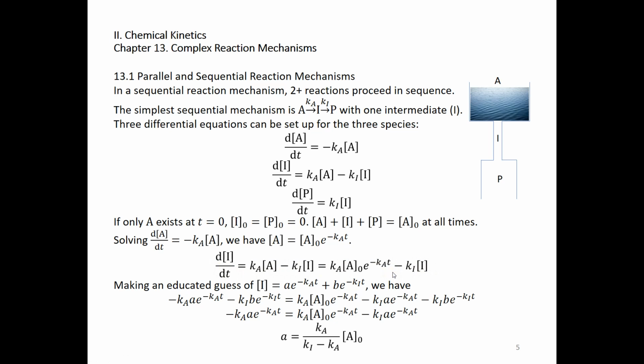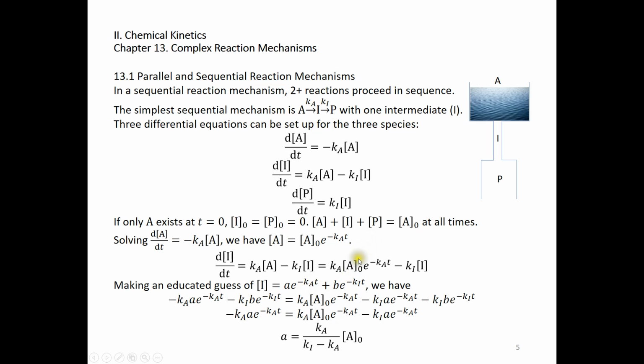We have some strategies to solve this kind of differential equation. One strategy is to make an educated guess of the expression of I. So I'm making a guess here. I see this exponential function here, so I'm assuming I is a constant times that exponential function.